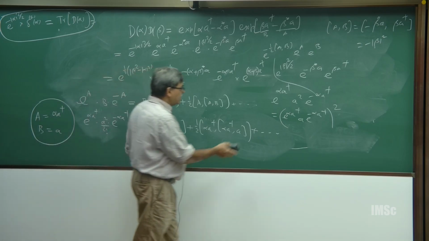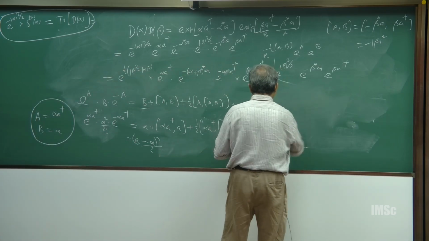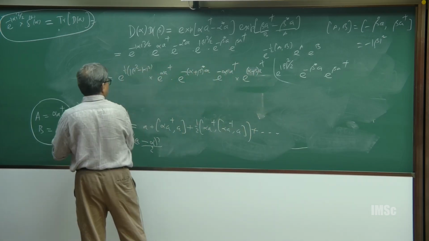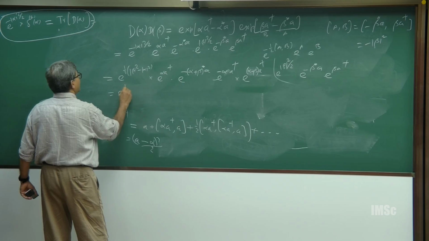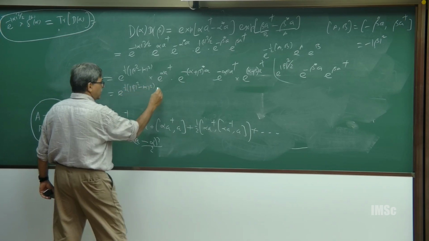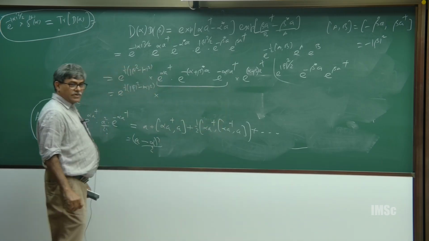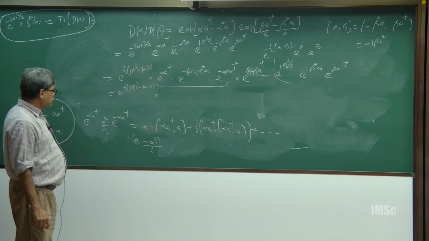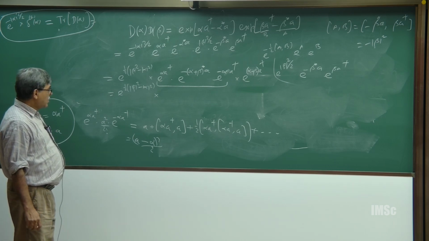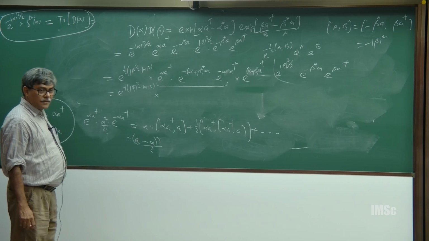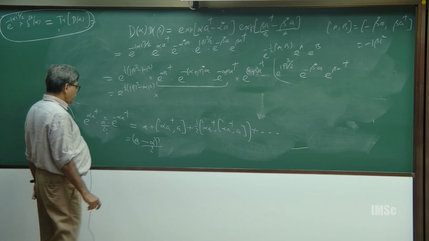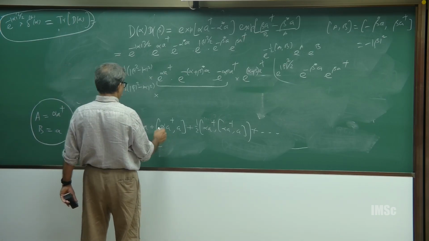So, ultimately what you will get is, if I look at, so let me write it here. So, this is e to the power half mod alpha square minus mod beta square minus mod alpha square into, what can I write about this? Minus alpha. You have to expand, I think.